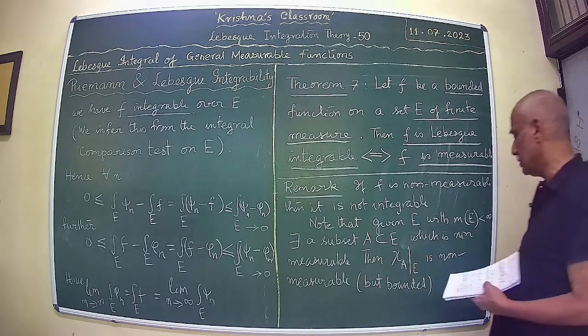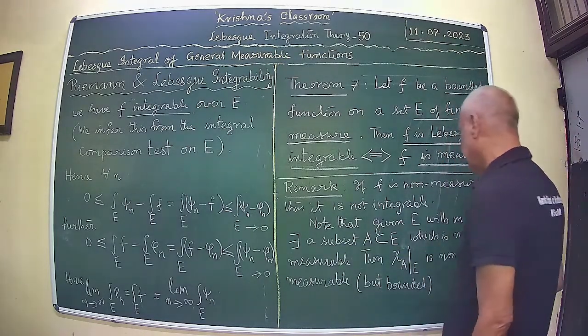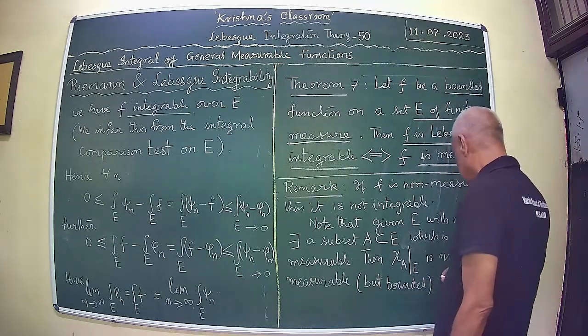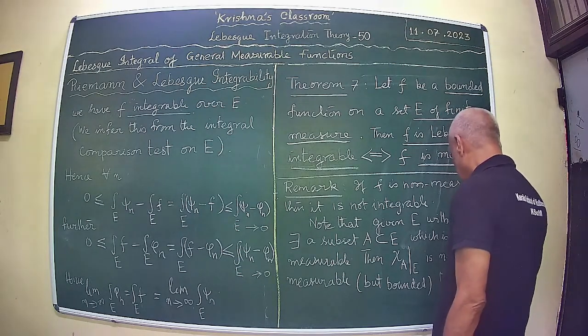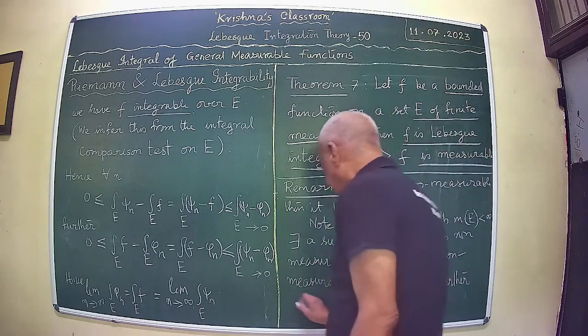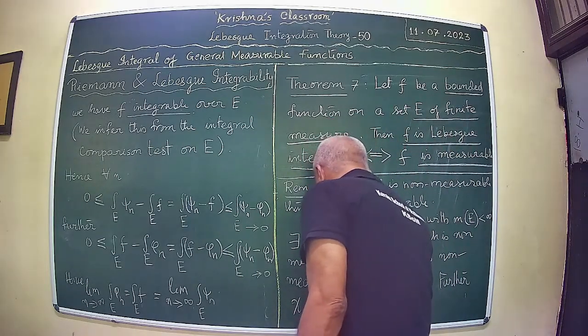Okay. It is non-measurable. And what about the integral? Chi A is not integrable.